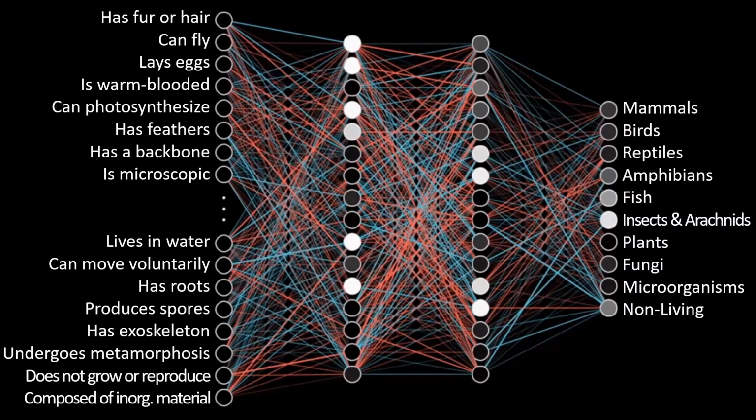One of those 10 categories, mammals, reptiles, insects, and arachnids, would be activated the most. And then that would be the decision that this network would come to. So in this case, it would come to the decision that, yes, it was looking at either an insect or an arachnid. And that would be one way to represent a connectionist network of everything that we know about different animals.